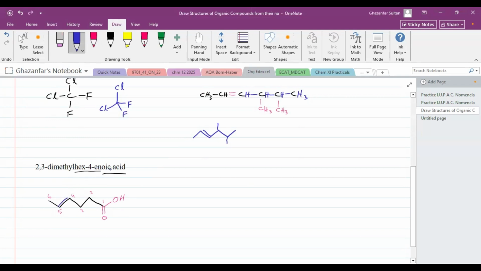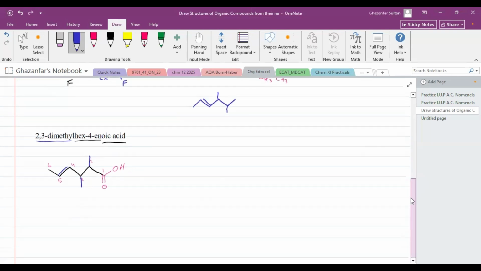And then we have to write a methyl group on the second and third positions. So the second position is this, and this is the methyl group. One line drawn here and one line here. So this is the bond line structure of 2,3-dimethylhex-4-enoic acid.